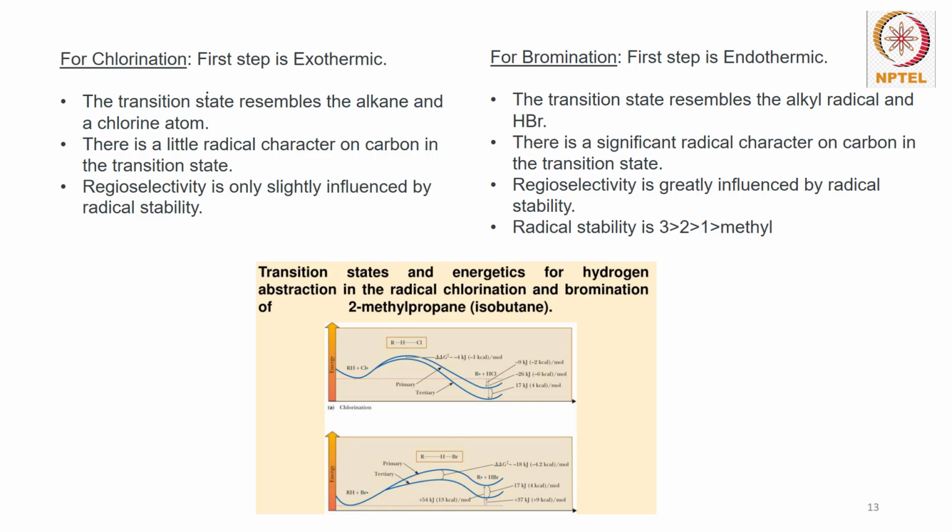Now, in case of exothermic reaction, from Hammond postulate we have learned that the transition state resembles the substrate mode. So the transition state resembles the alkane and the chlorine atom, whereas it has very little radical character, because here the product means the intermediate.